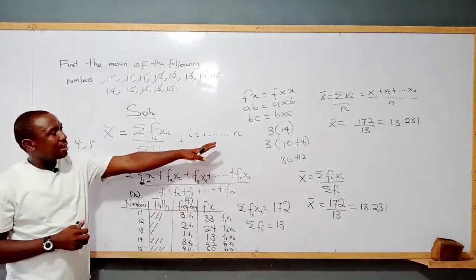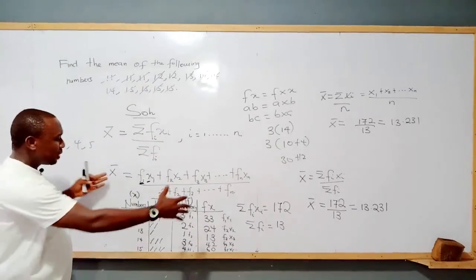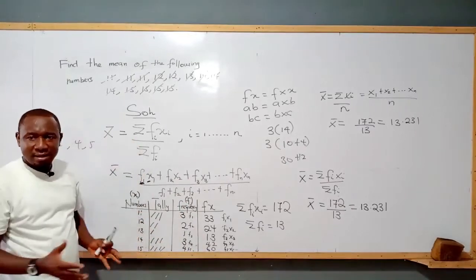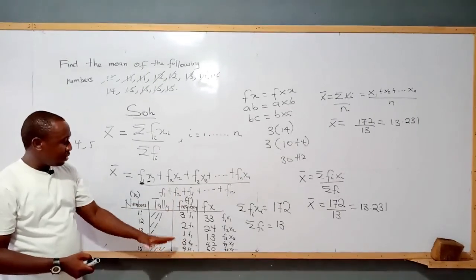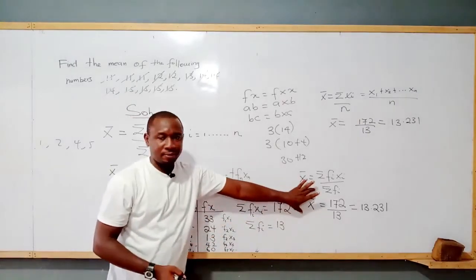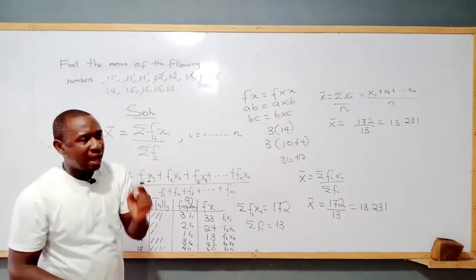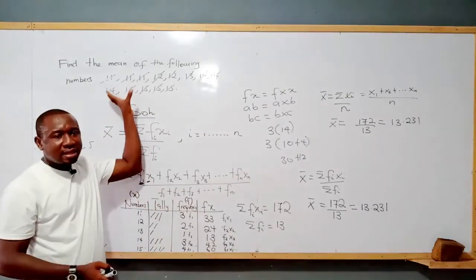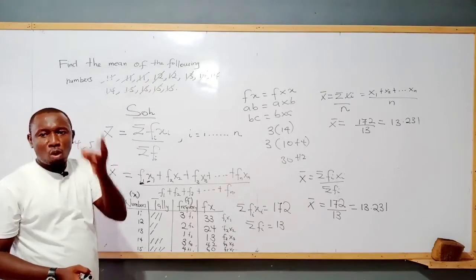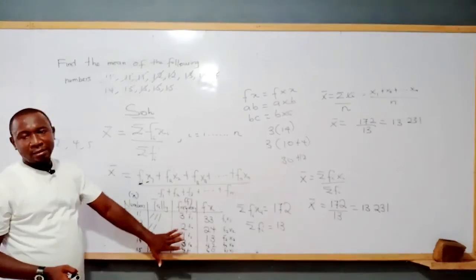If, for instance, the data set is like 500 or maybe 40 or 50, you need to use a table to do the analysis, get your frequency, get your fx, and then finally come out with your answer. For the sake of demonstrating the principle behind it, that is why we chose a data set with only 13 observations, so we can demonstrate how to use this formula.